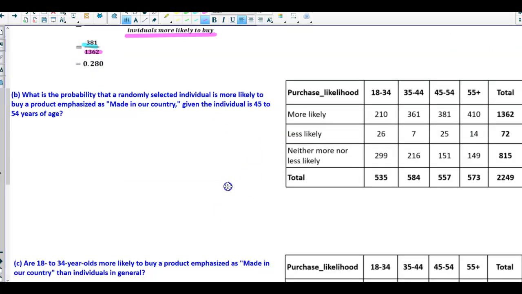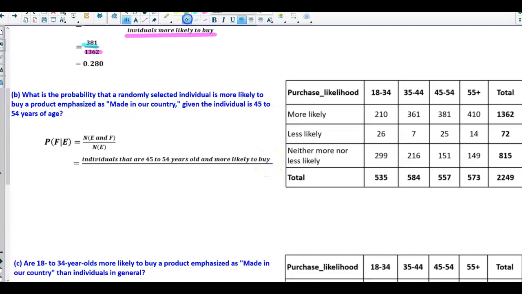We want to find the probability that event F has occurred, provided that E has already occurred. So we want the number of outcomes of E and F divided by the number of outcomes of E. So we want the number of individuals that are 45 to 54 years old and more likely to buy.